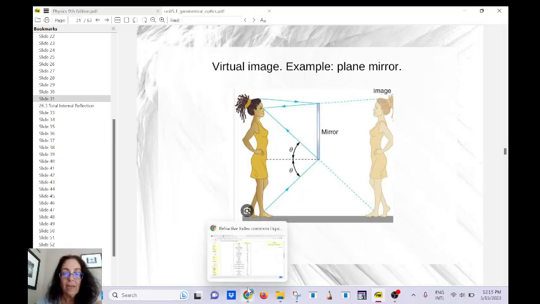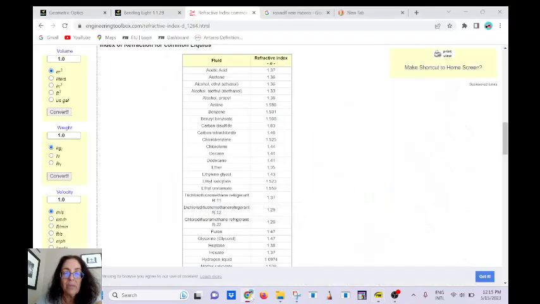The other thing, in one problem we did together, I found a liquid with an index of refraction of 1.29, and I was not sure what kind of liquid it was. If you go to the website engineeringtoolbox.com, and look up 1.29, I think you can find it here.